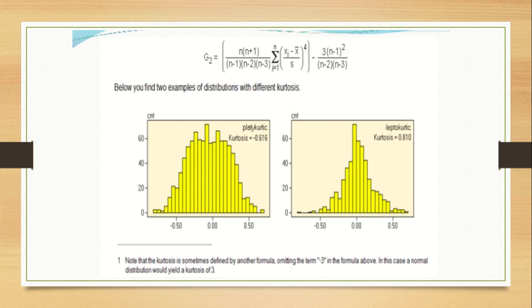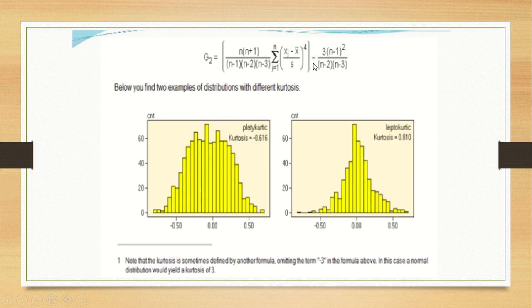Okay, so this is the formula, class. G2 is equal to n times n plus 1, divided by the quantity n minus 1 times n minus 2 times n minus 3, times the summation of the x sub j minus x bar divided by s, and this whole thing raised to power 4, where j goes from 1 to n.